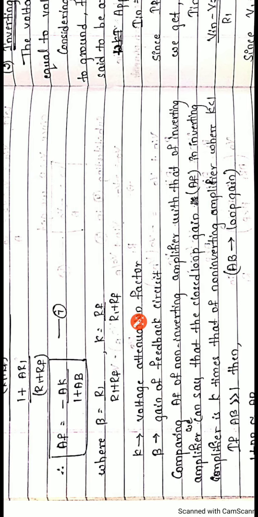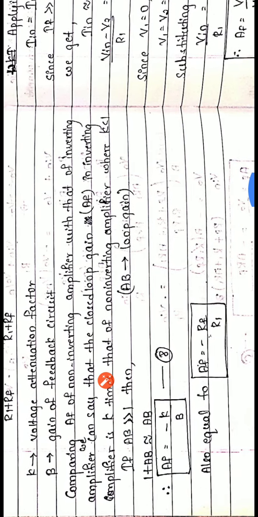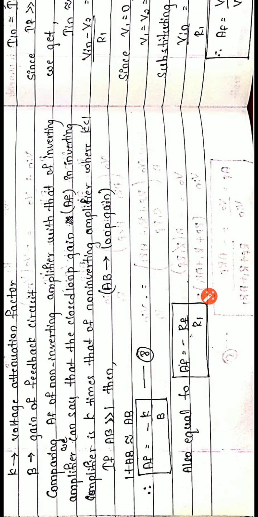You know that the value of K is RF by R1 plus RF, and beta is R1 divided by R1 plus RF. If you divide K by beta and substitute, R1 plus RF gets cancelled and we are left with RF by R1. That is written here. So AF equals minus RF by R1 again. Again it is proved.